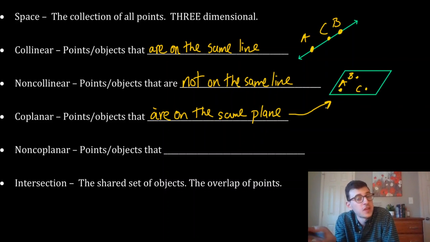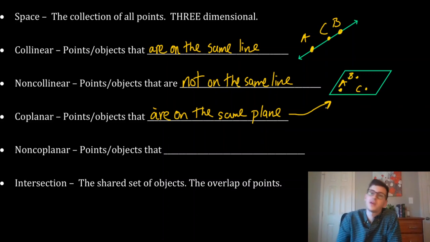Okay, also things that are collinear are also coplanar. That's something worth thinking about. Any 2 points that are collinear definitely have a plane that goes through them. But that doesn't necessarily mean that 2 points are always in the same plane.